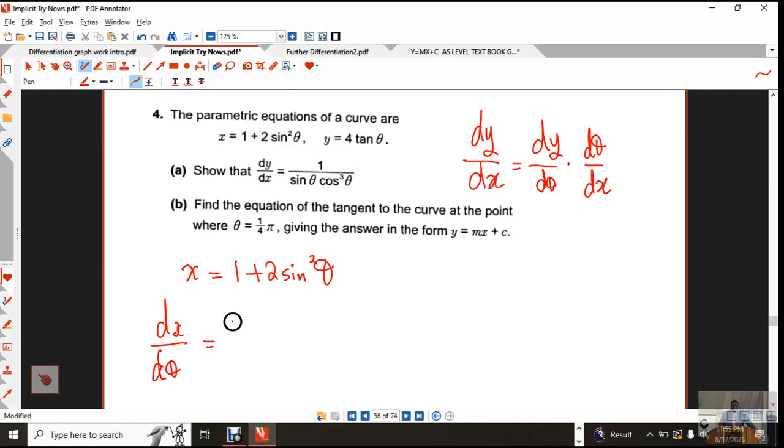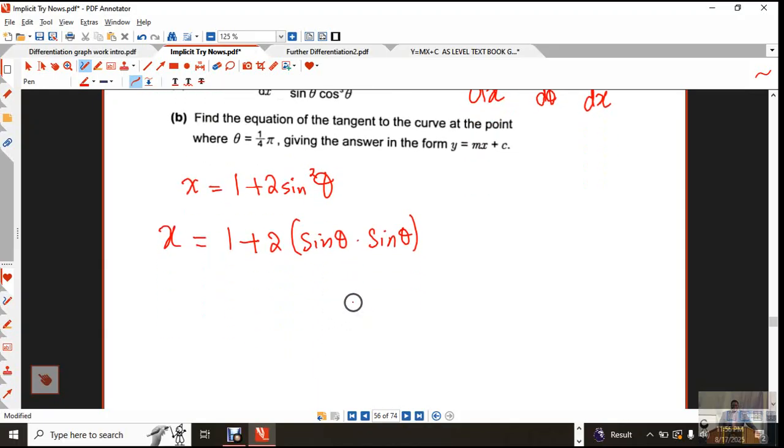Maybe before I find the derivative, let me write down what this means. This sine squared theta is the same as sine theta times sine theta. Now, of course, I'm going to use the product rule whenever I do the derivative of that one there. Of course, you can use something else altogether.